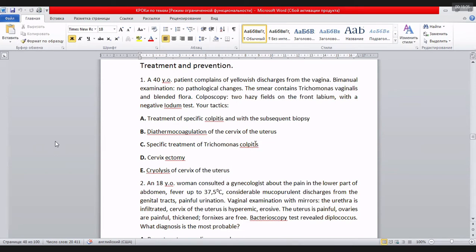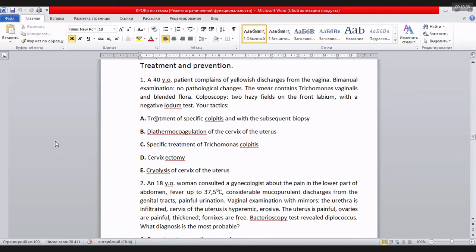Specific treatment of colpitis is not enough because we have other pathology on that cervix, because something is wrong with that cervix. Then cervixectomy at once we don't do because maybe a more proper treatment is possible for this, and cryolysis of the cervix of the uterus may be possible, but only after the treatment and after the biopsy.